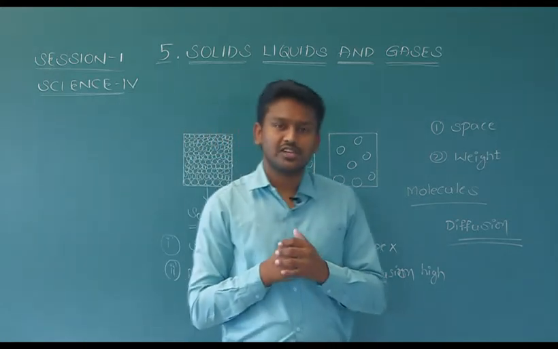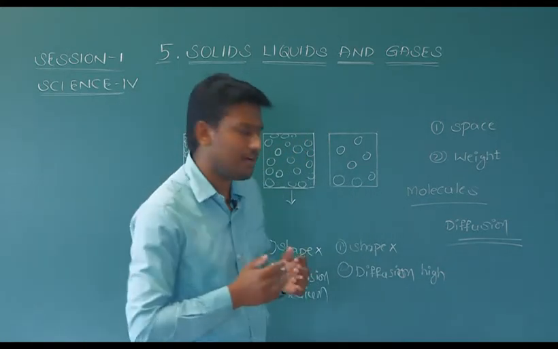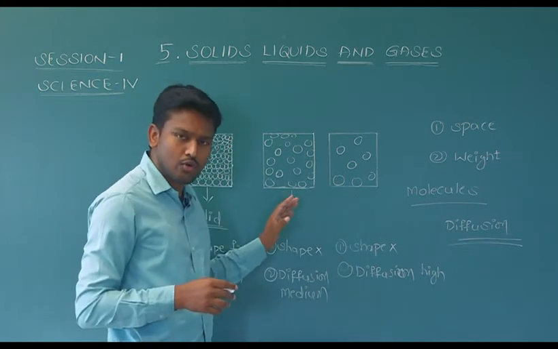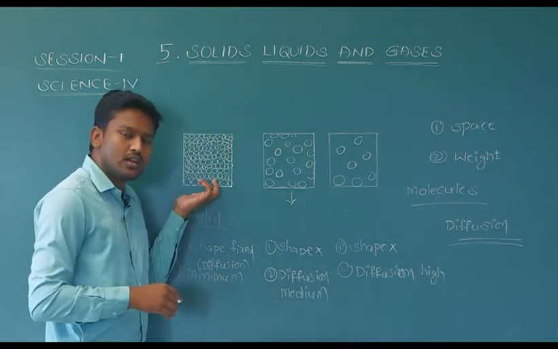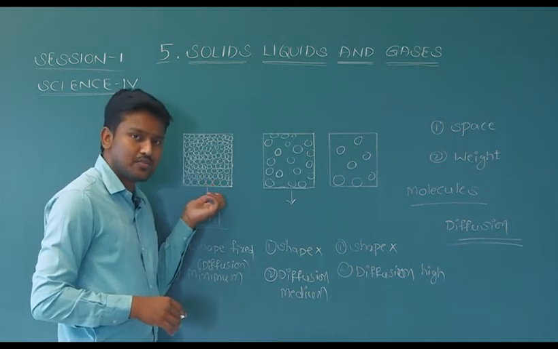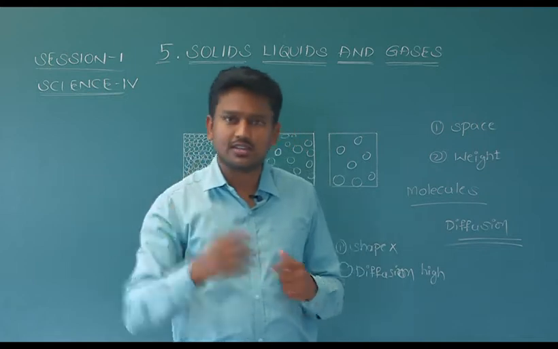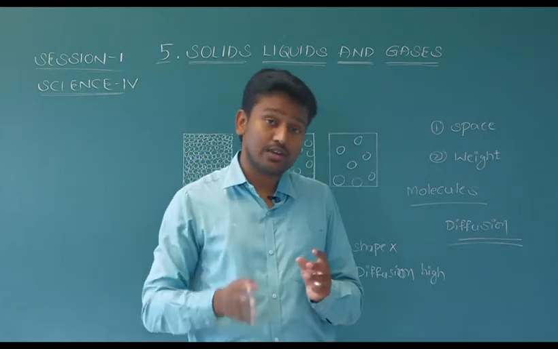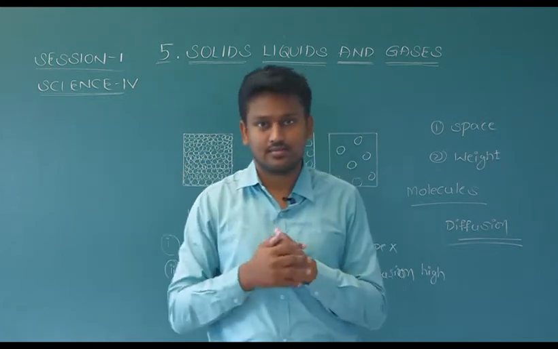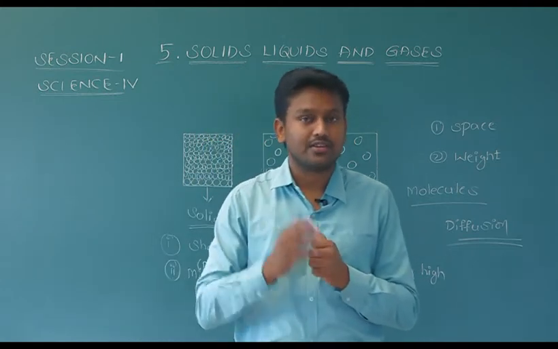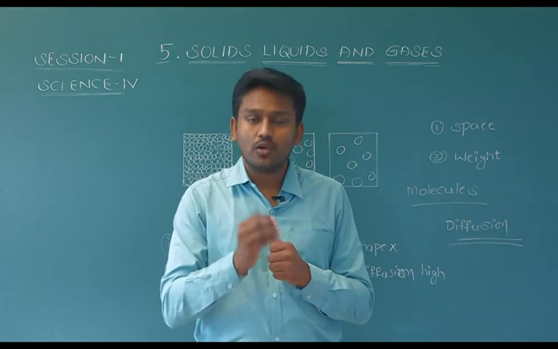You may have a doubt that gases spread easily, liquids can flow on the floor easily. How do solid objects diffuse, sir? For example, if you take camphor, wherever you place it, it diffuses directly from the solid to gas. And not only that, dry gas, that is solid carbon dioxide.